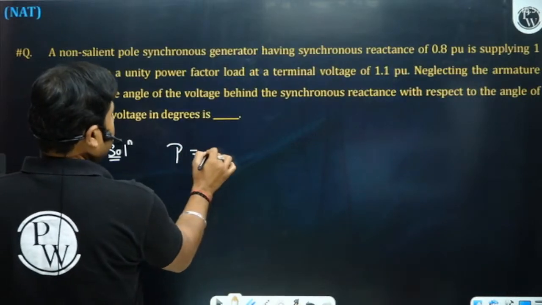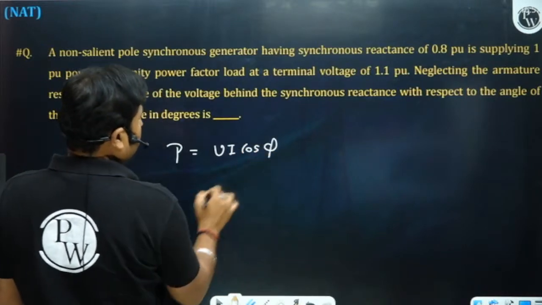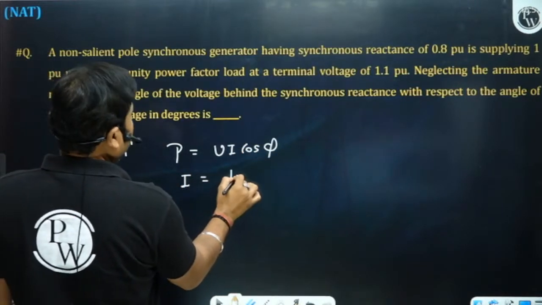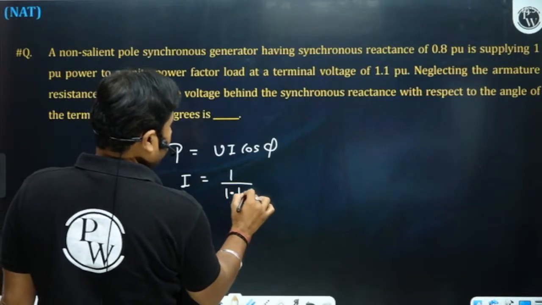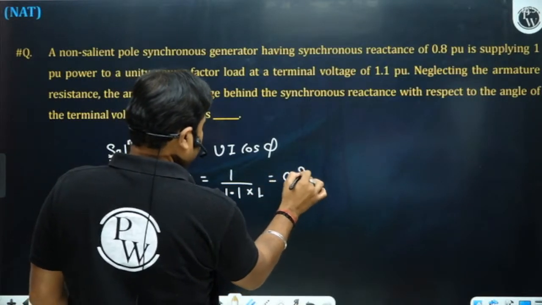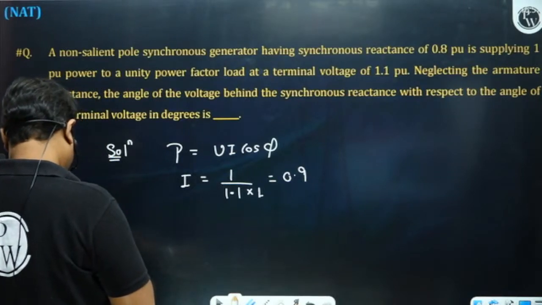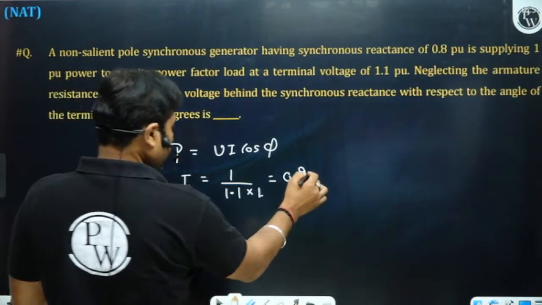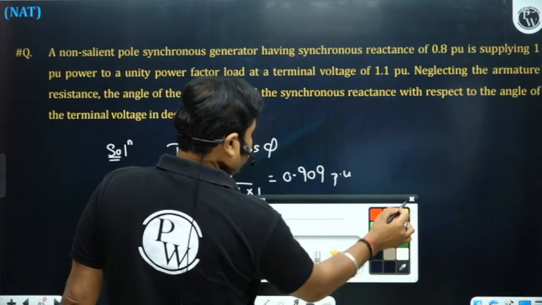So power is equal to VI cos phi, and I will become 1 per unit divided by 1.1 into 1, which is 0.909. This will be your current.